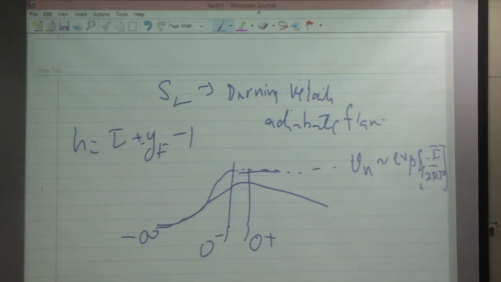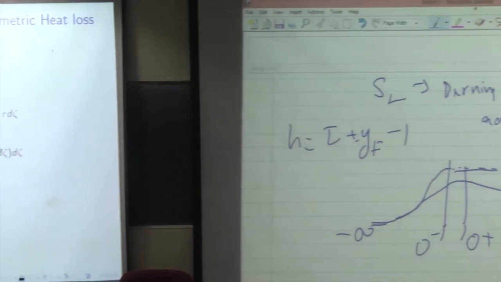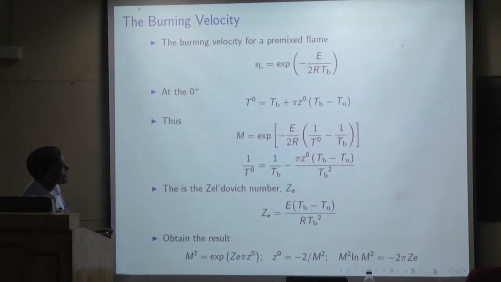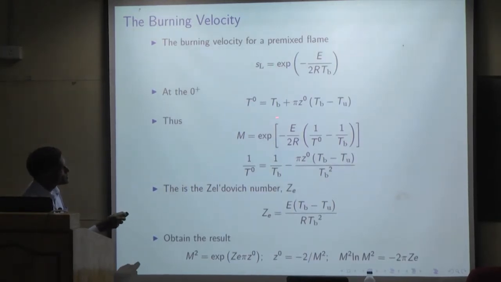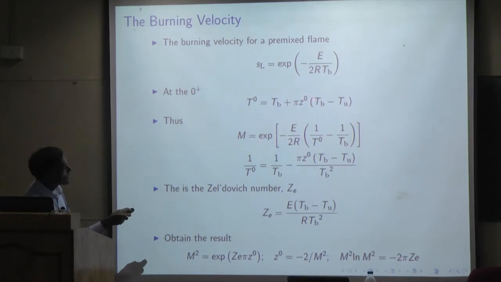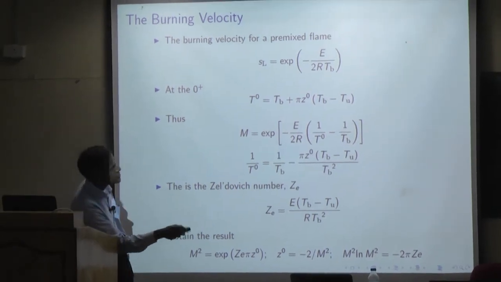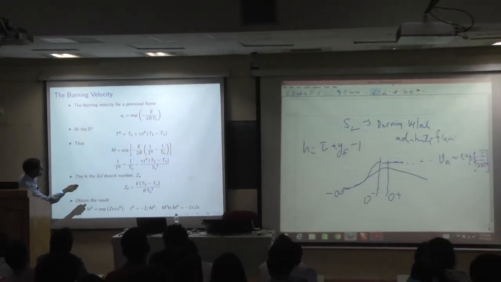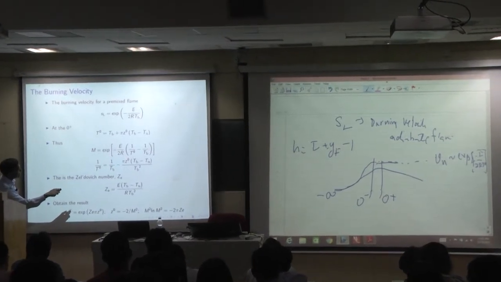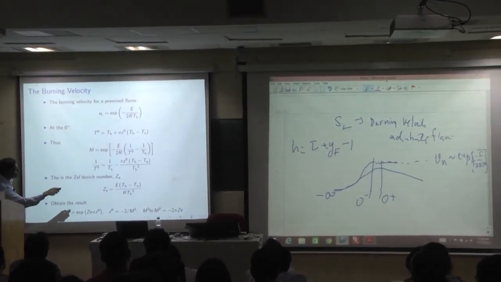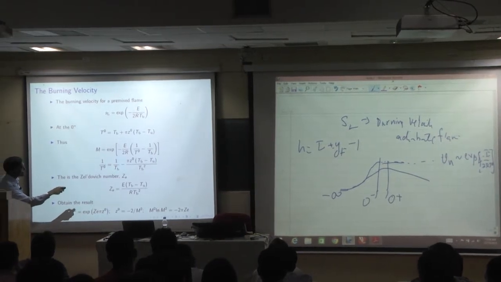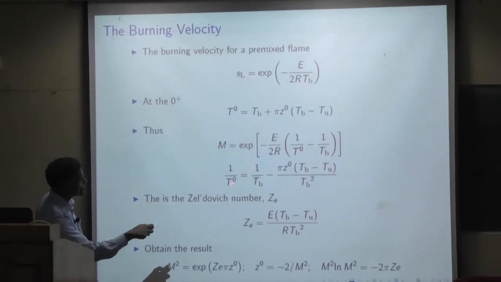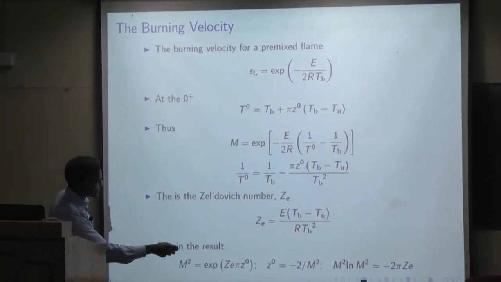Now, based on this expansion for tau, it turns out that T naught is given by this equation, where we already know what Z naught is. I can simply take the ratio of VU over SL, which is m, given by this expression: E over R, 1 over T naught minus 1 over TB. Now we can expand 1 over T naught in a Taylor series in terms of Z. If I substitute this over here, of course the Zeldovich number appears.